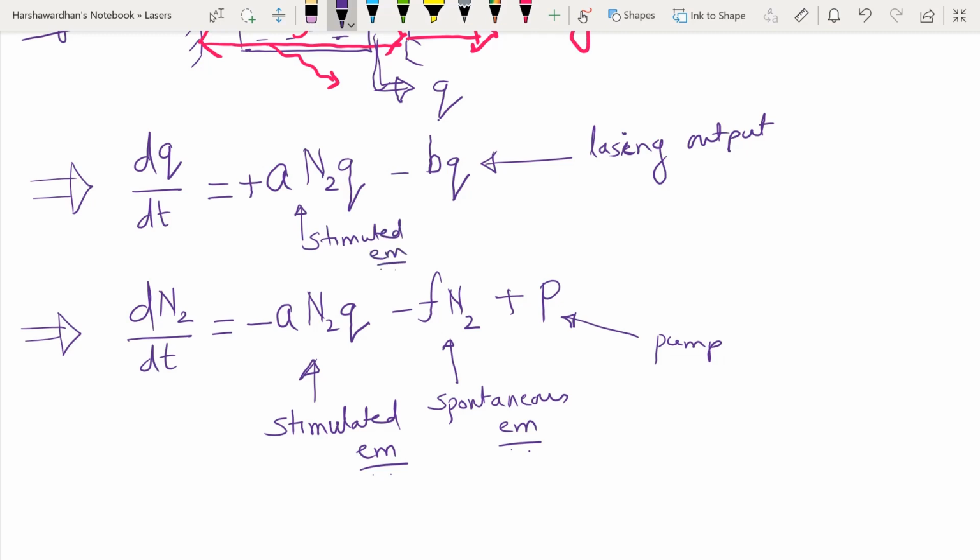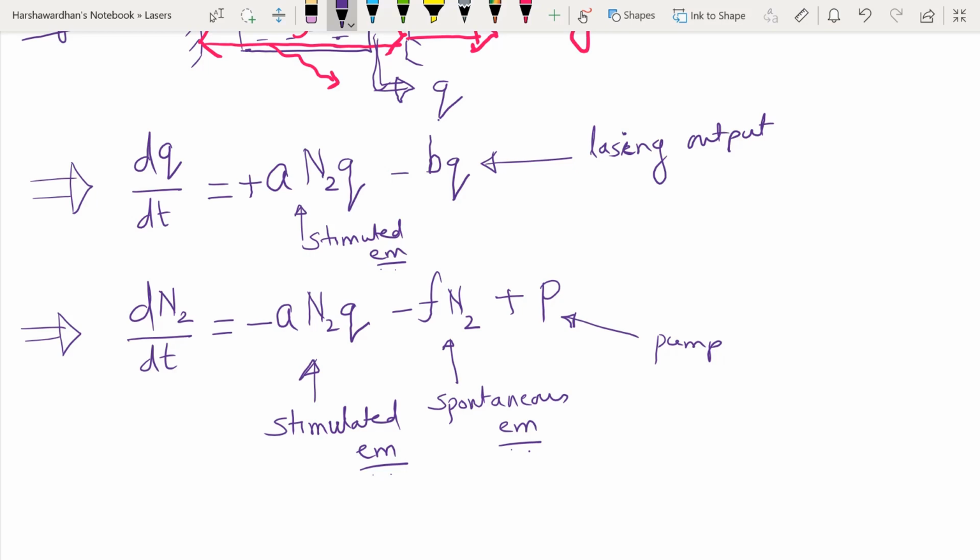So what I have done in this process is basically I have ignored everything else that is happening around. This is a very idealized and rather artificial situation to look at something as limited as this. To create this scenario, one will have to worry about pumping, one will have to worry about how the photons are coupled outside the cavity, one will have to worry about stimulated emission, the competing process of spontaneous emission.